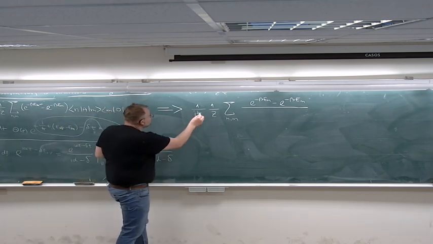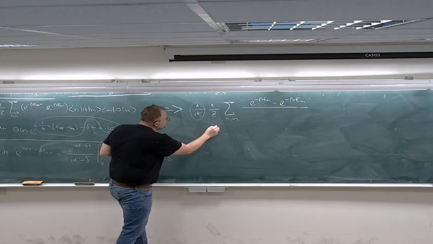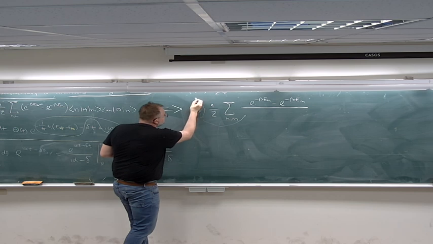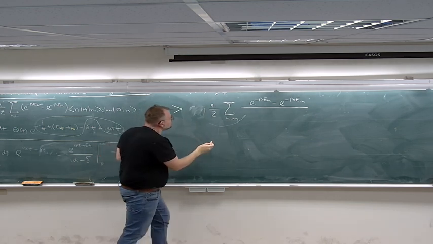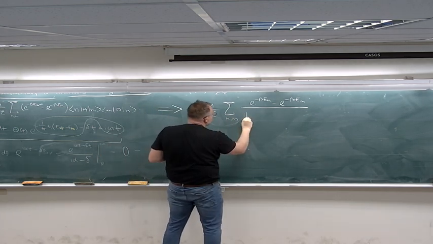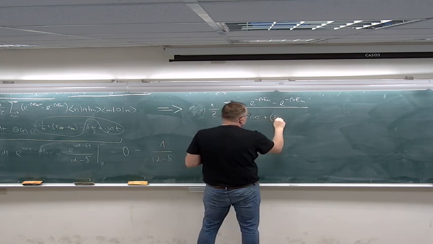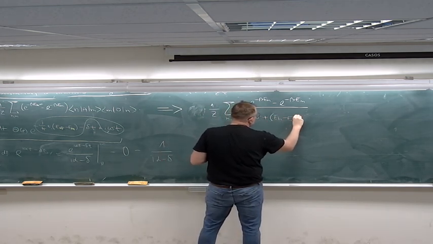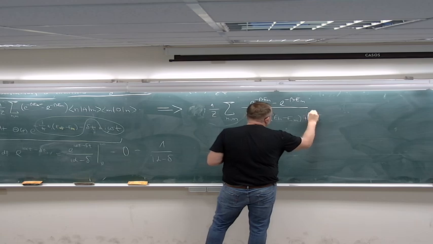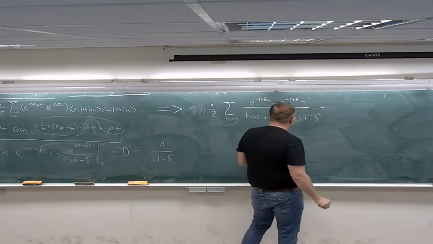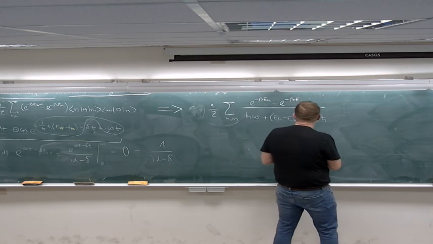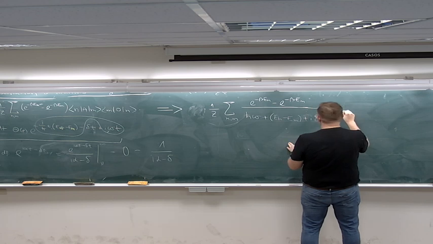And I can also put this e delta into the denominator. So at the end, my denominator will be like that: h bar omega plus E_n minus E_m plus i h delta.